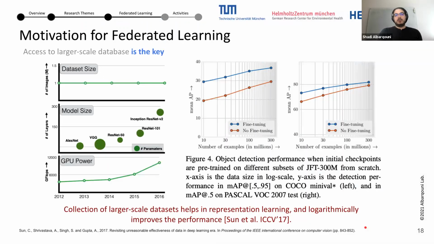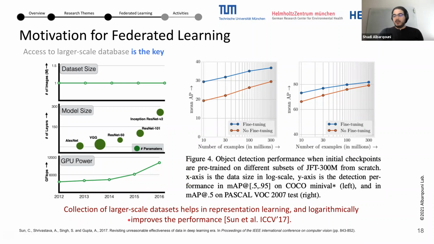The second point is more technical, and this is where Sun et al. investigated the question of what happens if we increase the databases by 10x or 30x, and in particular, if the annotations come even from noisy labels. And their findings were quite surprising.